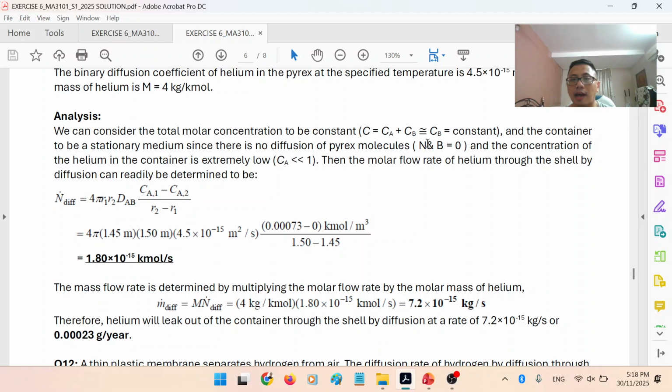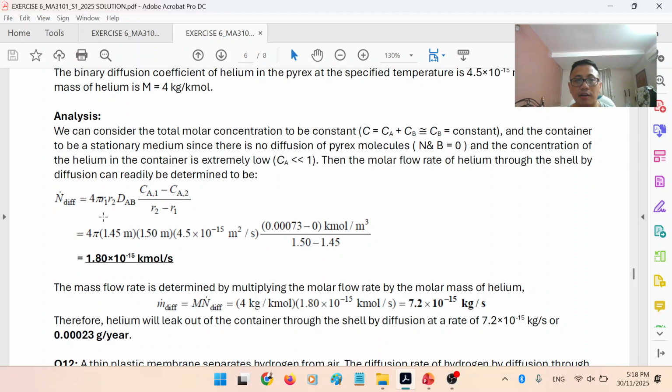So the diffusion of Pyrex molecules equals 0. Sometimes the diffusion rate can be written with N instead of M, so N_B equals 0. The diffusion of the helium gas through the spherical container can be written in this way.